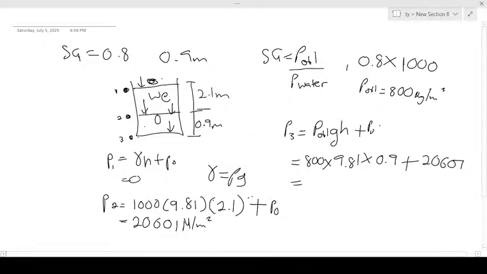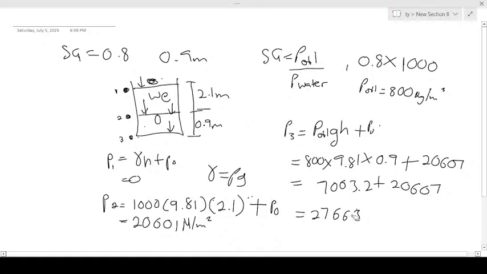When you compute everything, you are going to get 7063.2 plus 20,607, and this should give you 27,663.